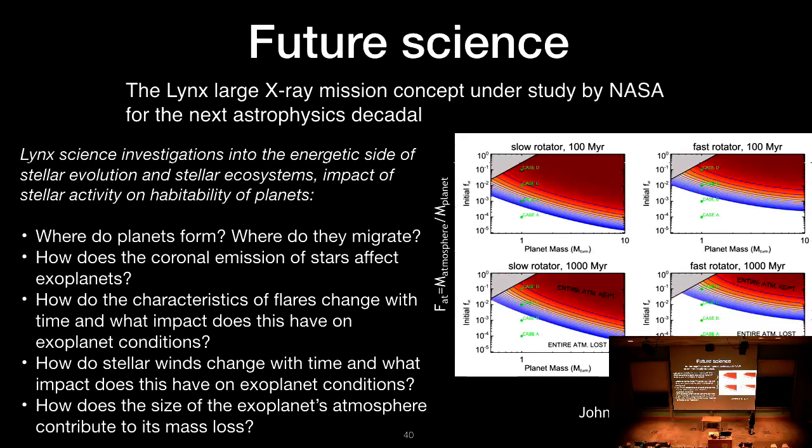And depending on the rotational evolution of the star at different phases, at 100 million years or a billion years, it doesn't take one single path between those two ages. And depending on exactly what the evolution is, that can determine whether the planet loses its atmosphere or keeps its atmosphere. So it's important to understand that influence of the star on exoplanets.